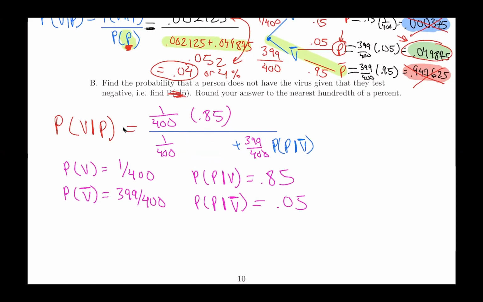For this one, it will be 0.85 also. And then this one will be 0.05. So if you work all of those little fractions out, you should get the same probability of roughly 0.04. And that's how you do it using the formula. Any question in regard to how to do it with the formula?